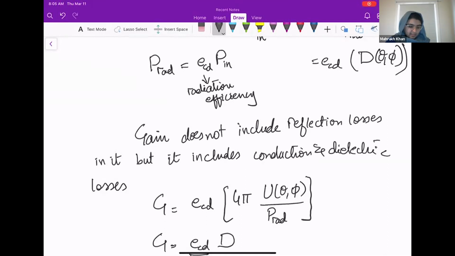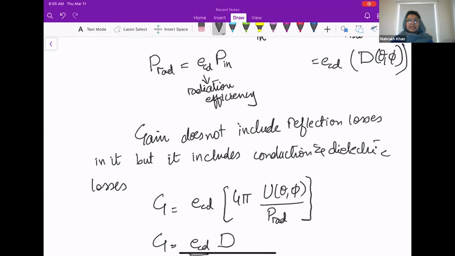No, I am saying that gain is the total power we are talking about, but directivity is just including the radiated power. That's why the relationship between them is that in the gain we are incorporating the losses.